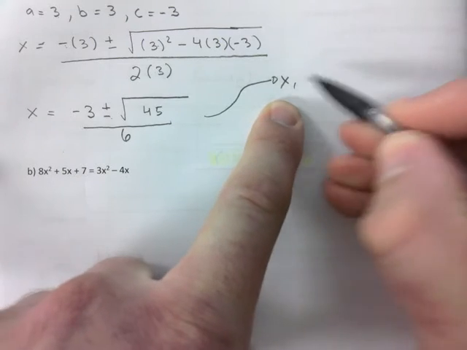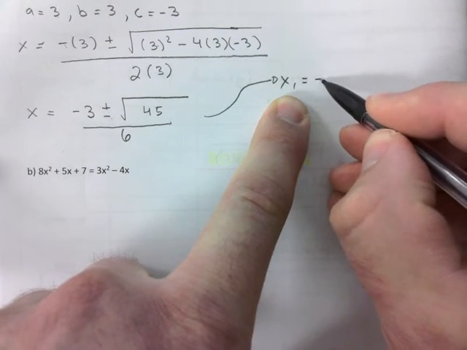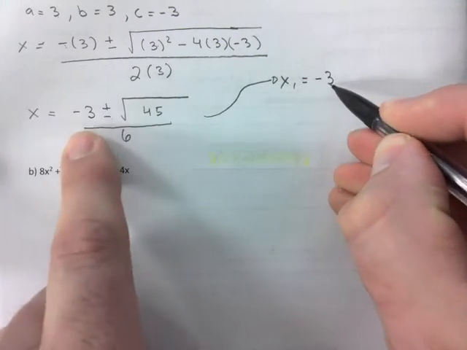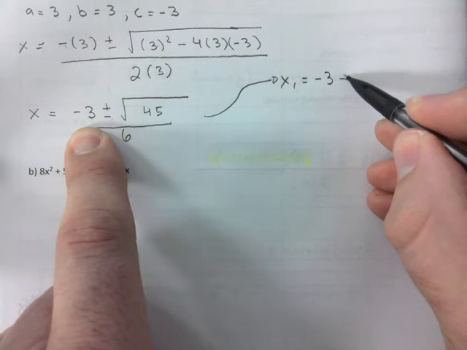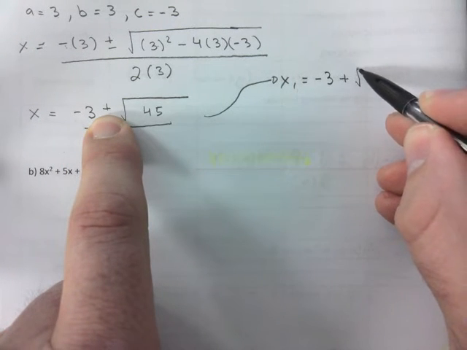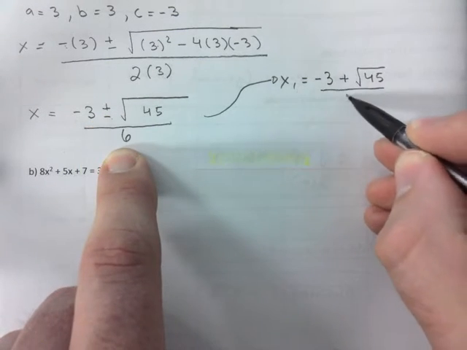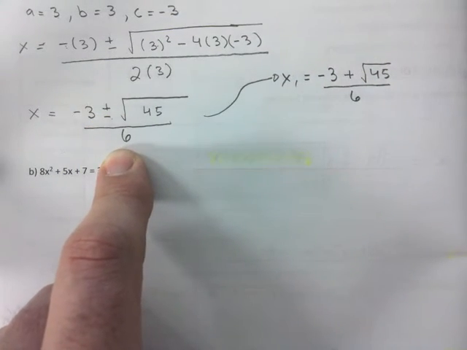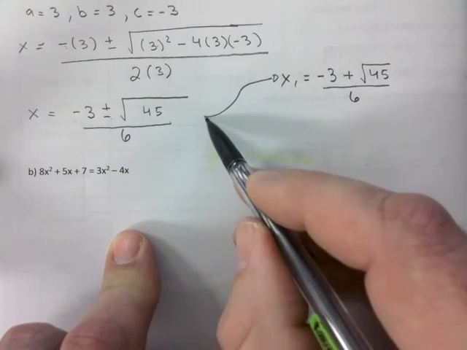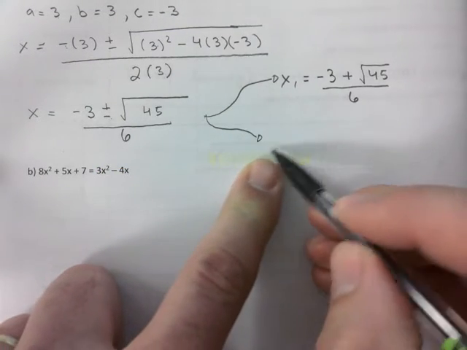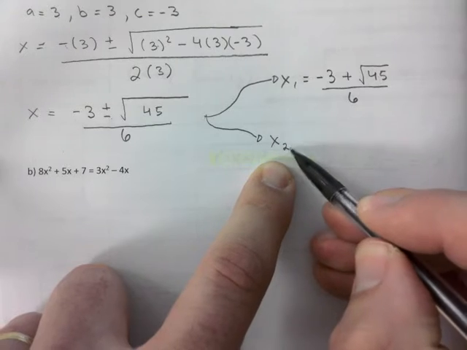The first x-intercept is going to be found by going negative 3, right? So I'm copying that. And then just take the positive here, root of 45, and you're going to divide that by 6. The second root, I'm going to find, so I go x sub 2.